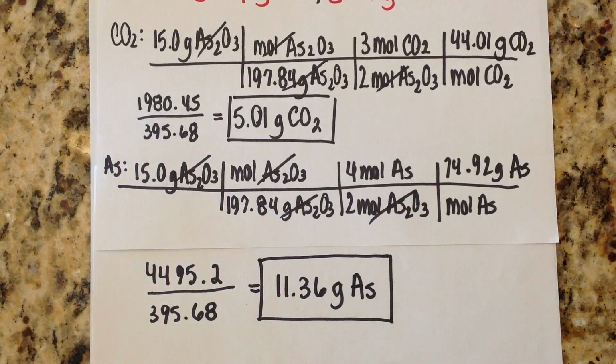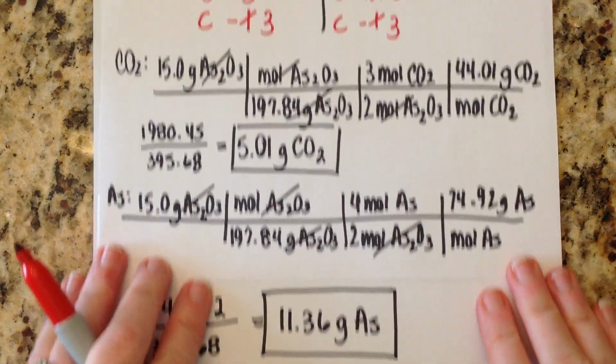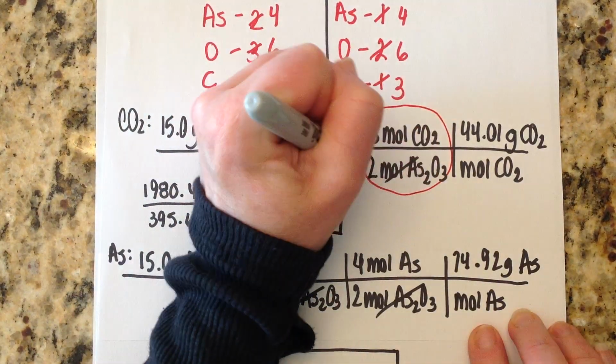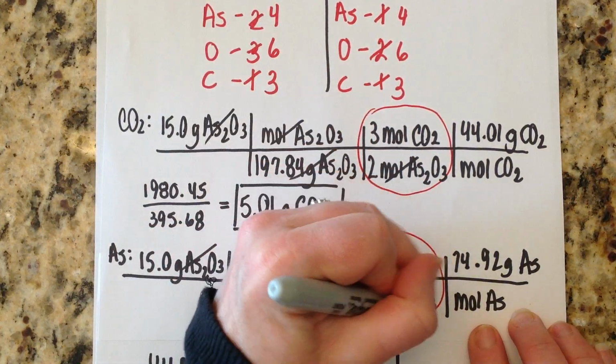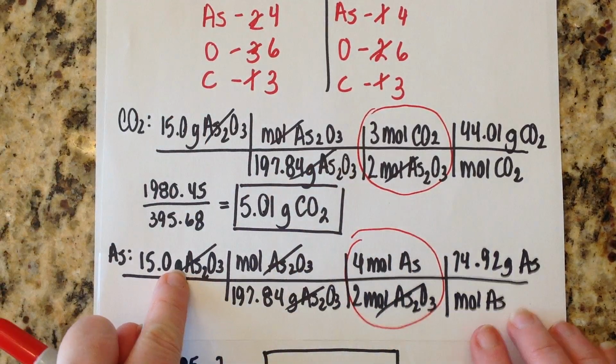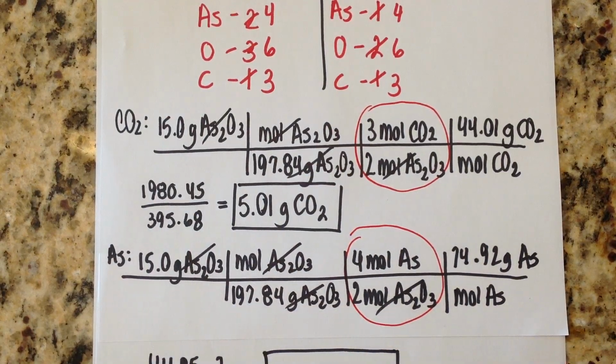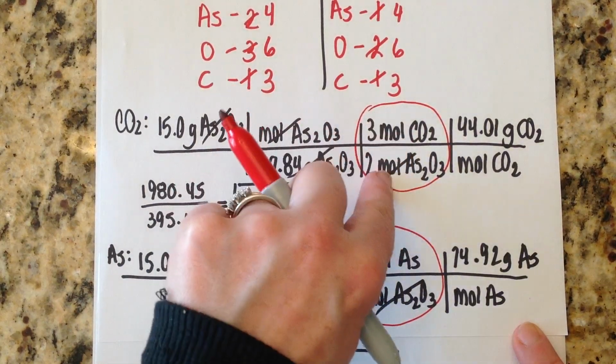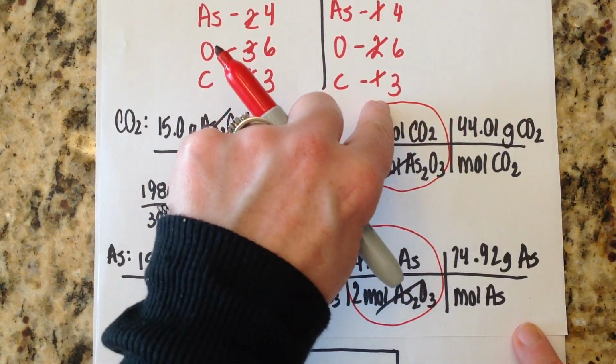So again, I want to emphasize stoichiometry is all about that mole to mole ratio. You have to convert the given to moles if it's in grams, just like all of these problems, so that you can cross this mole bridge. The mole bridge gets you from the substance they gave you to the substance they want.